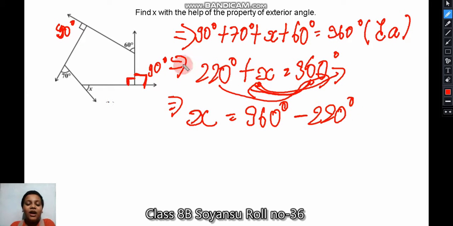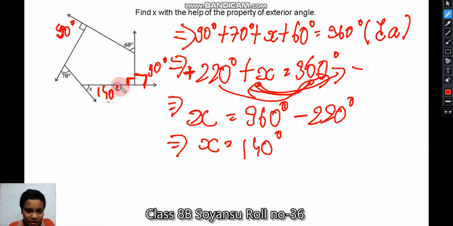Because there was a plus sign here. We do not write the plus sign, but it indicates a plus sign. So when it goes to the other side, it becomes minus 220 degrees. So x is equal to 360 minus 220, that is 140 degrees. So we will write 140 degrees here. Voila, our question is fully solved.